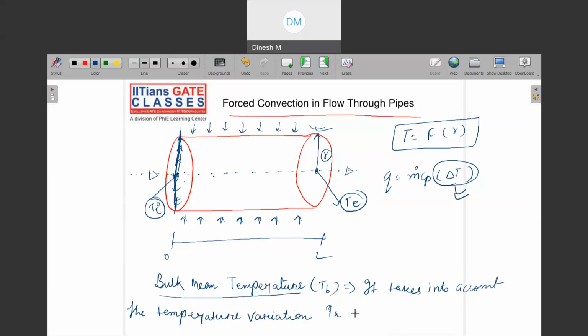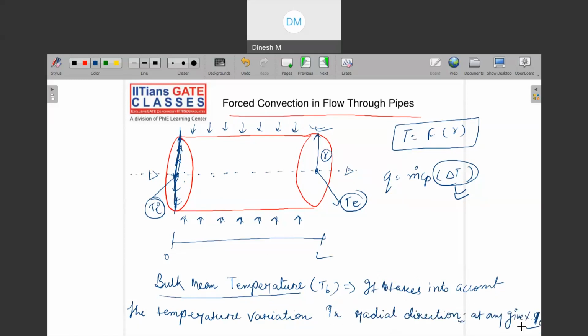Don't forget that at any given cross section it takes into account the temperature variation in the radial direction. Got the idea? Then only I can say this, otherwise it is not possible.